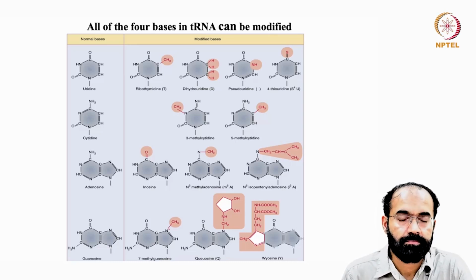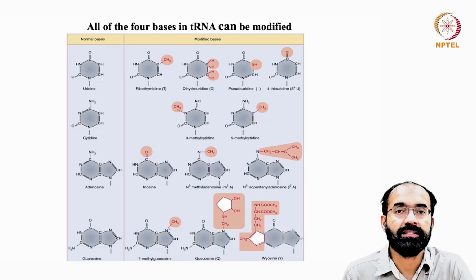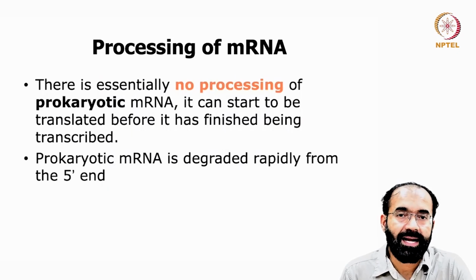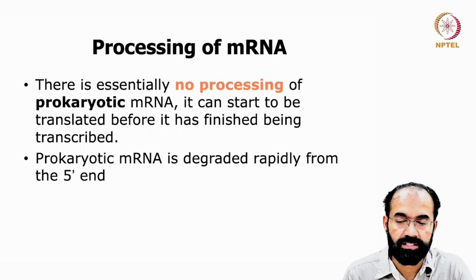Now let us come back to the routine processing of the mRNA and we will understand them in more detail. So in bacteria there is essentially no processing. There is no processing of mRNA necessary.